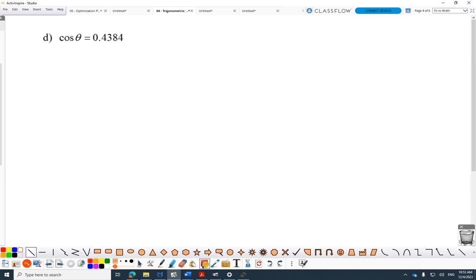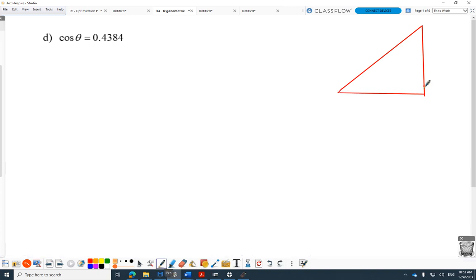You can still go over here and say, I need a special triangle. This time you won't know what the special triangle is, though. So you go, oh, I don't know what's going on here, but I can find theta. All I need is just a little tiny bit of help to make every triangle in the universe special.